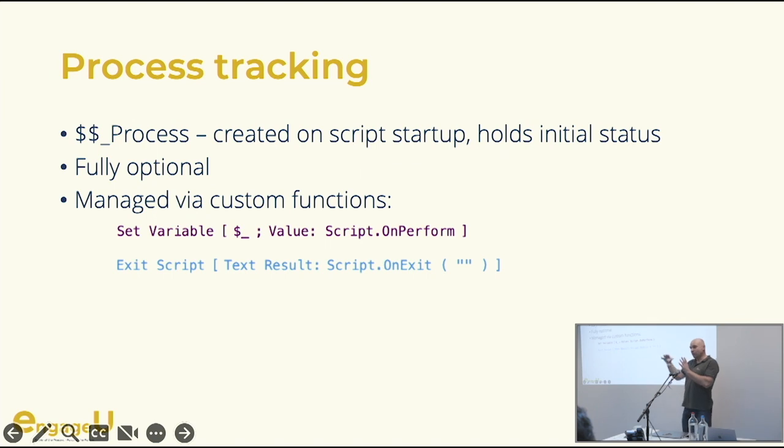So every subscript will just know, right, the process exists. I'm not going to tell my onExit to clean up, but if it is instructed, the onExit function will clean up. It requires discipline from the developers. They need to always use this function before they exit their script.